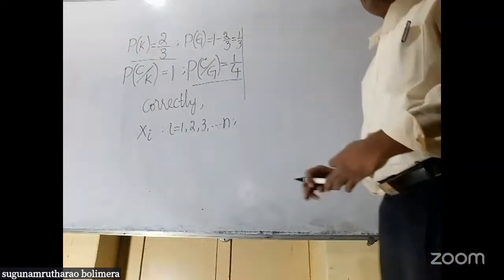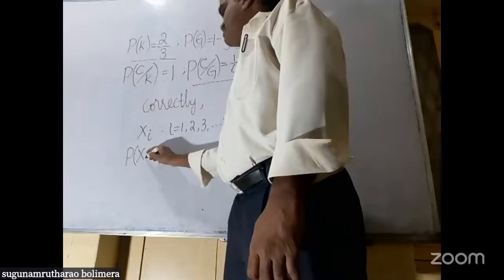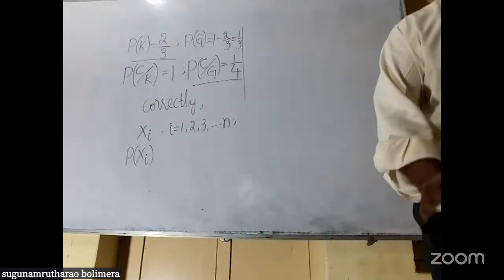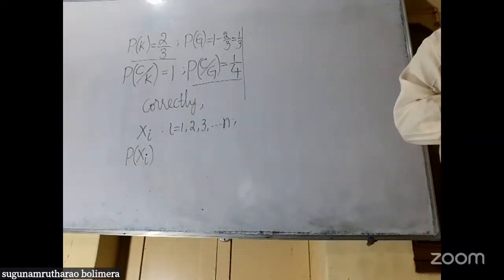Now, the probability of discrete random variable is denoted by P of xi.